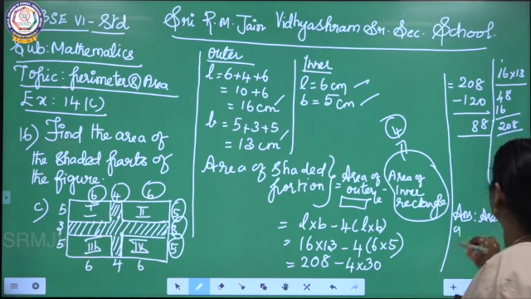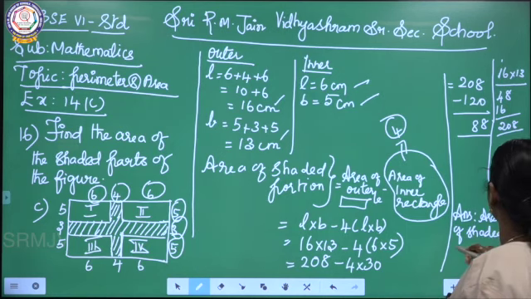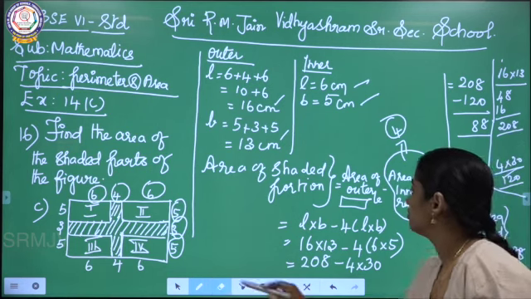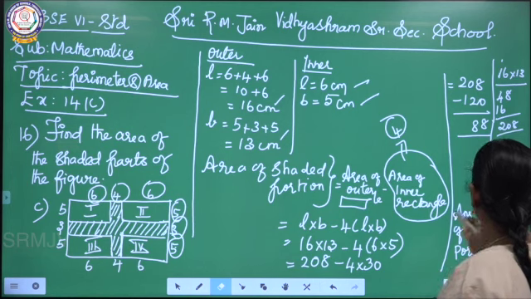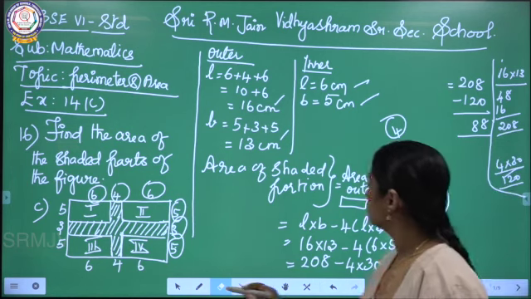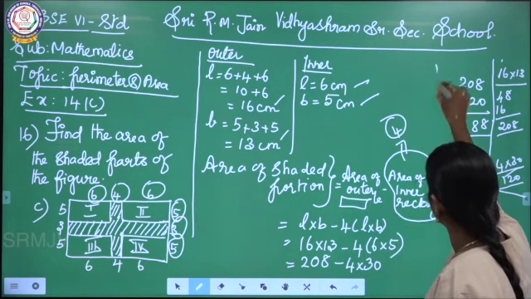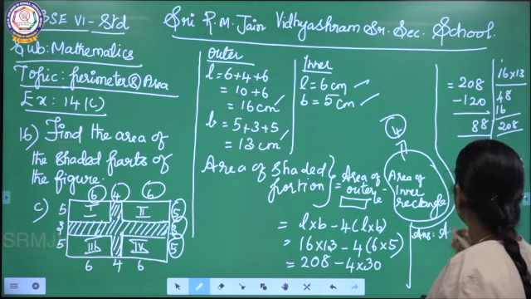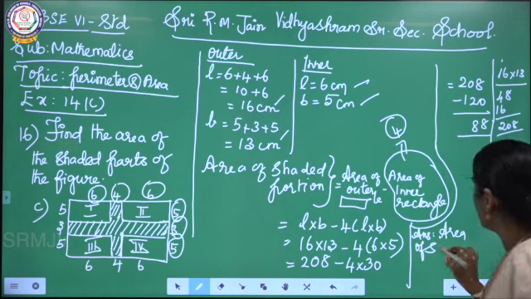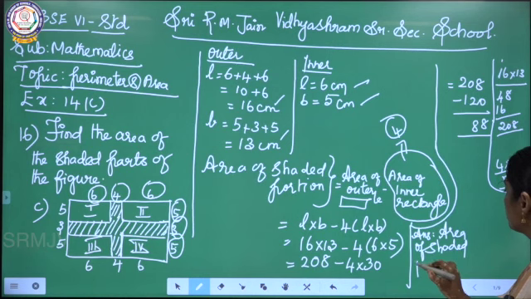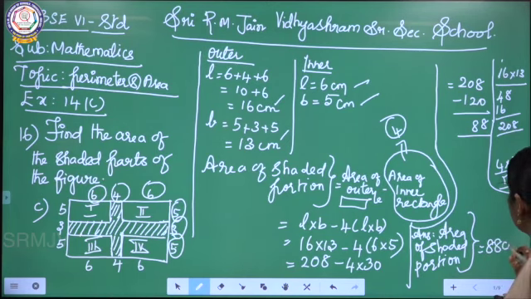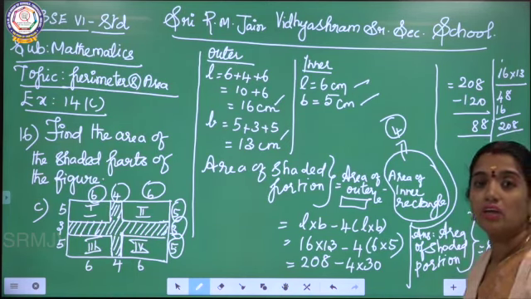Area of shaded portion is equal to 88 centimeters square. Can you clear this?